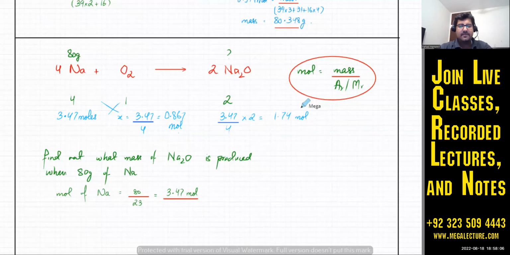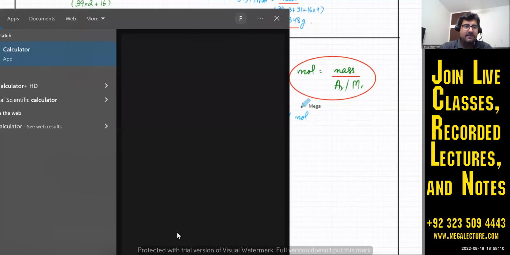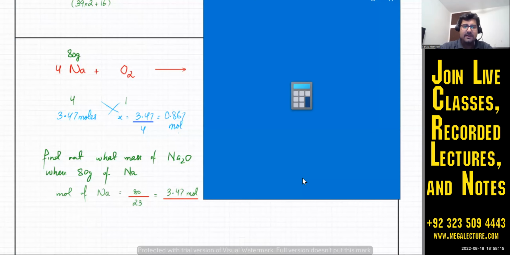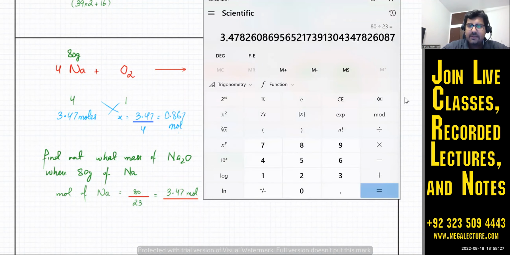If I put a calculator over here, I should remember to use the calculators properly. Like if you divide 80 by 23, what do we get? We get this really long number. You can't obviously write that number in the exam.